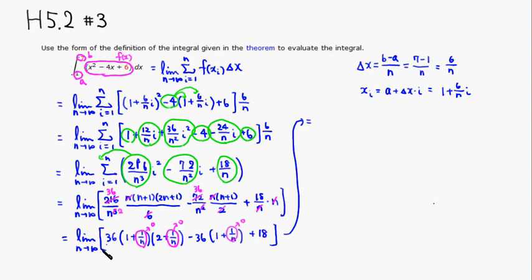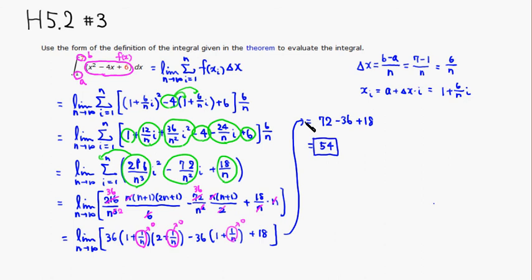So this is going to be 36 times 1 times 2, so it's 72, minus 36 times 1, so minus 36, and then plus 18. So this is equal to 36 plus 18: 6 plus 8 is 14, and 3 plus 1 plus 1 is 5, so 54.